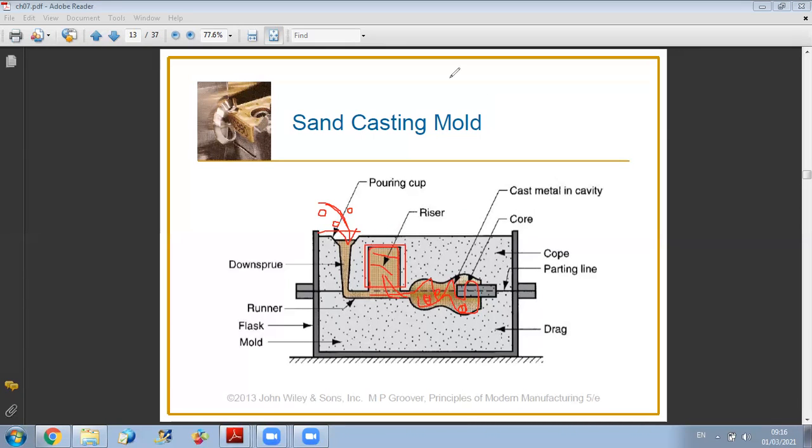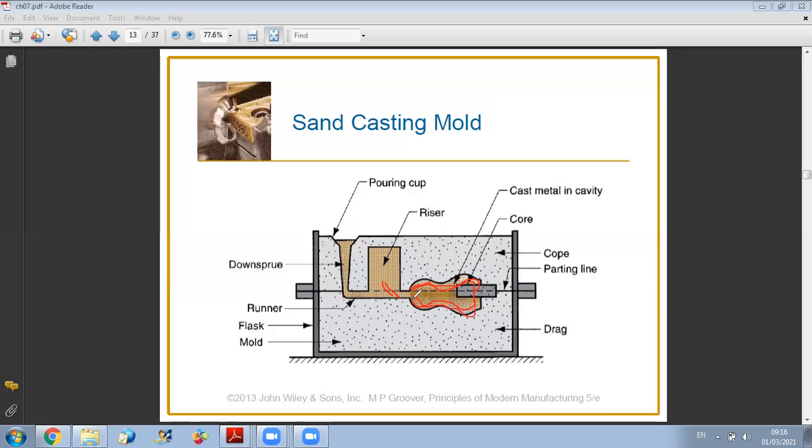So in case of shrinking, you will deviate a little bit from the final desired shape. In order to reduce this effect, the riser will continue to supply molten metal to fill the cavity. In this way you can reduce the shrinkage effect during solidification.